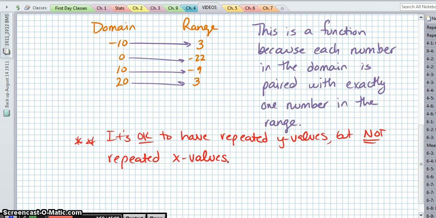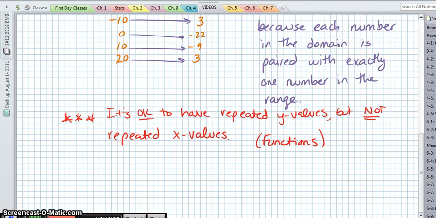So it's still a function if every number in the range is 5. This would still be a function, but you cannot have repeated x values, such as negative 10 paired with 5. That wouldn't work because I would have negative 10 paired with both 3 and 5. So it's okay to have repeated y values, but not repeated x values. Again, when we're talking about functions.